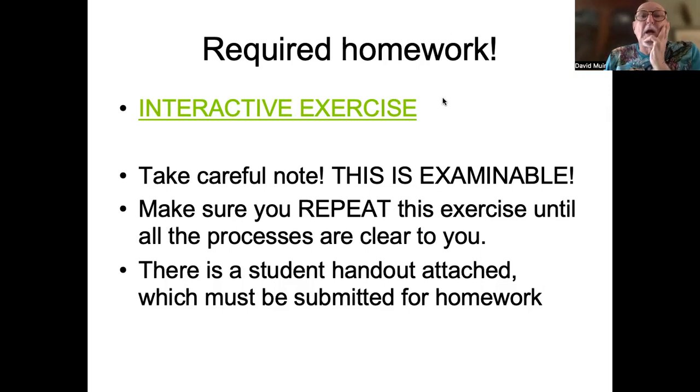So this is an interactive exercise. There is a worksheet which I will put up online for you, and you will have 2 weeks to do this. Then I want you to hand it in. This is for extra credit, but it is also homework, so you must do this, and it's worth 1.5% of your extra credit. Not only that, this is examinable, and there will be questions about photosynthesis.